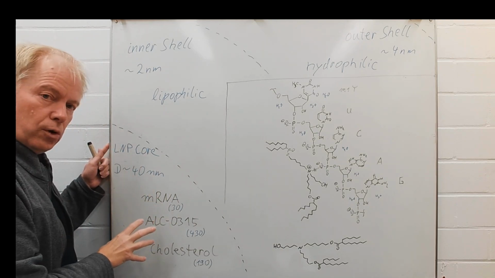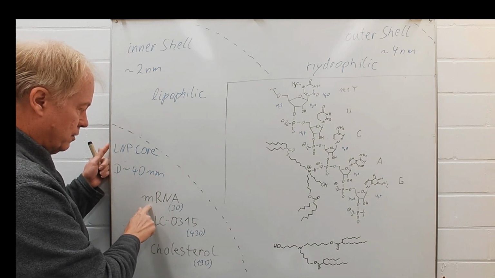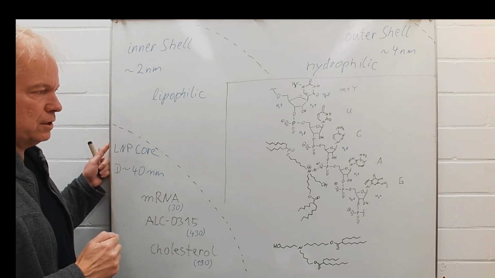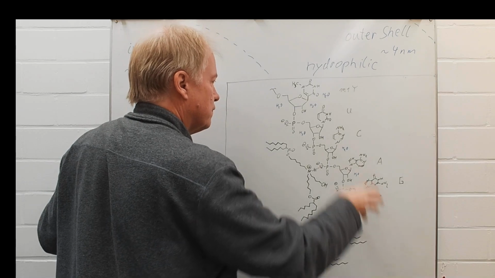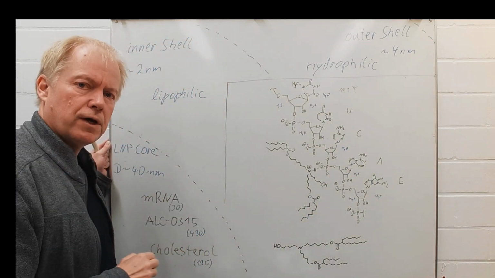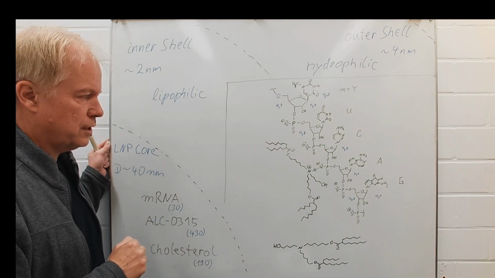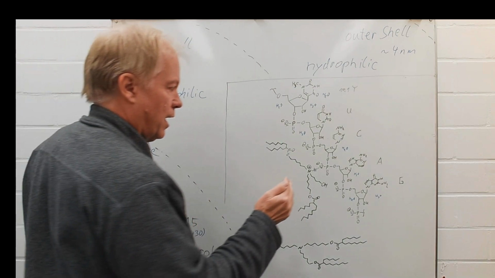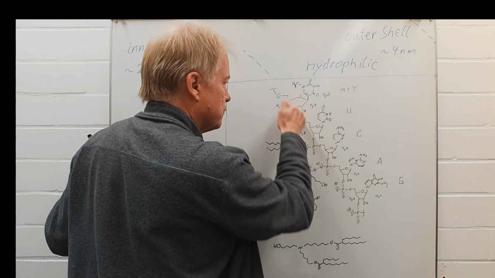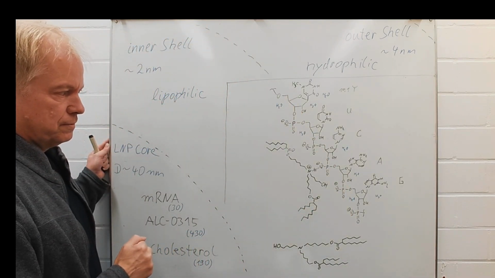Within the core, we have the modified RNA. How does this look? Well, it is a very long chain of nucleotides, about 4,500 nucleotides, which are connected by this phosphate backbone.